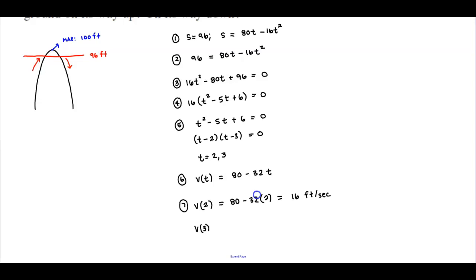And we want to find v of 3. So that's going to be 80 minus 32 times 3, and that's going to give us negative 16 feet per second. So that means the velocity going up is 16 feet per second, and the velocity going down is negative 16 feet per second.